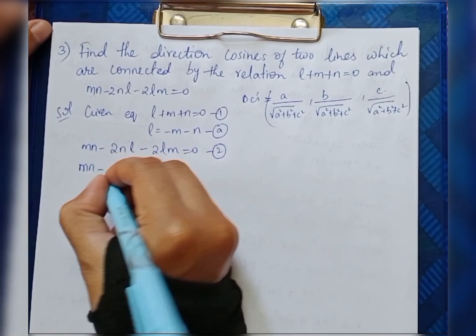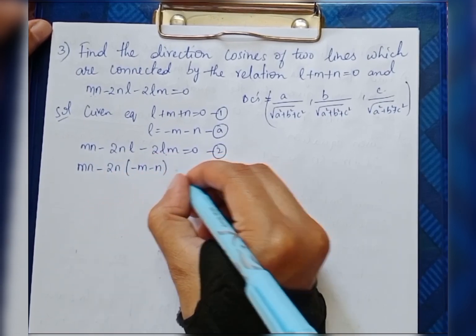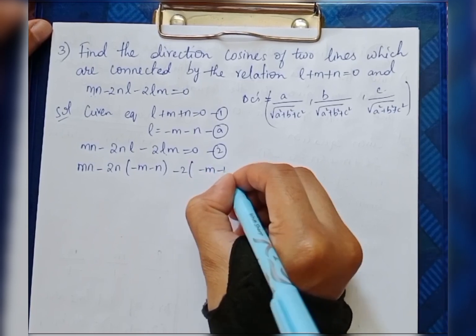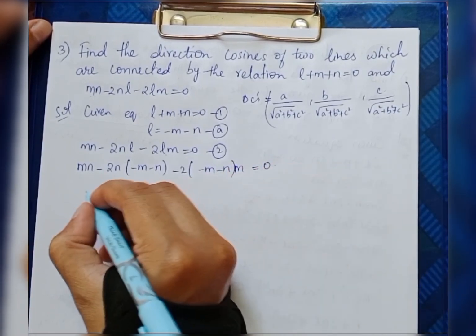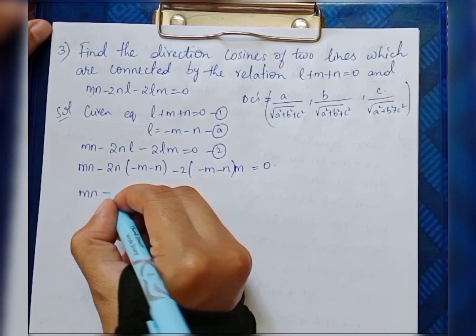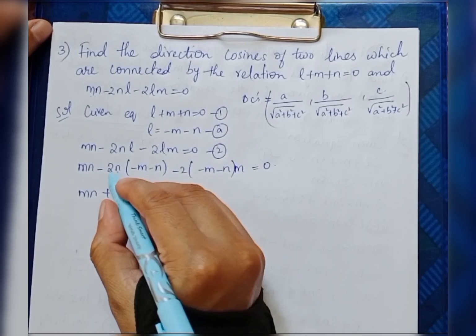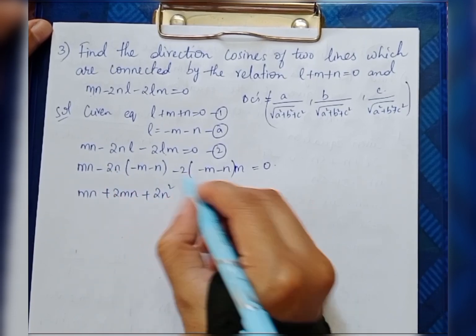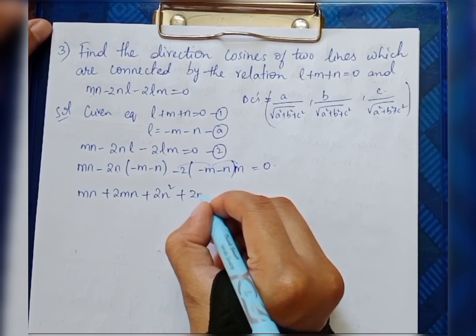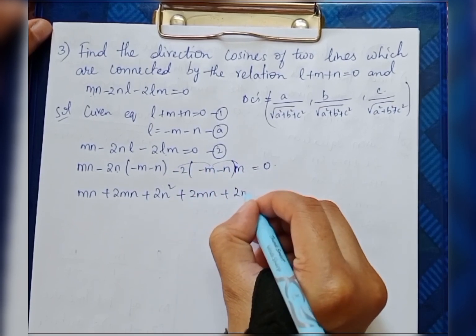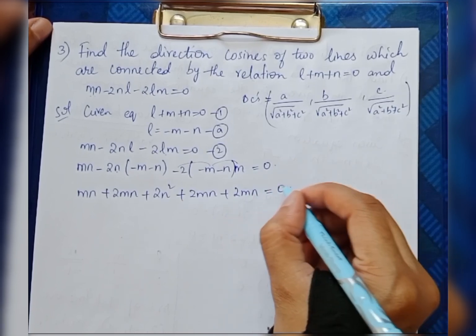So it will be Mn minus 2n into minus M minus N minus 2 into minus M minus N into M equals to 0. So it is Mn, minus into minus is plus 2Mn, and minus into minus is plus 2n into n is n square, 2n square, and here m is also there, so it is 2mn and plus 2mn is equals to 0.